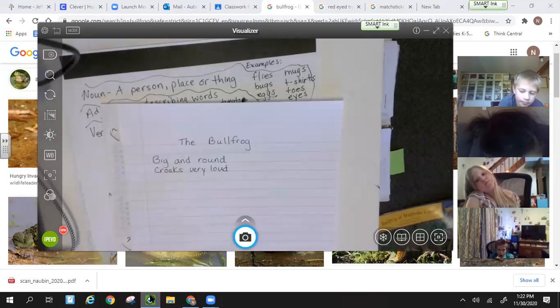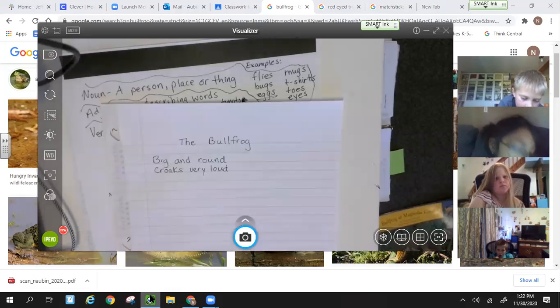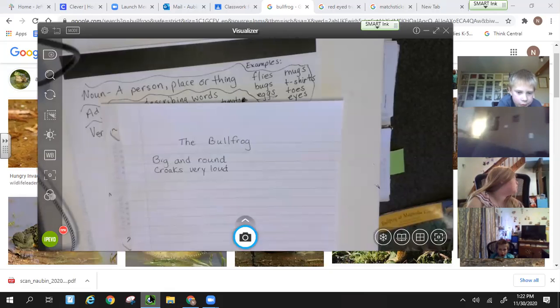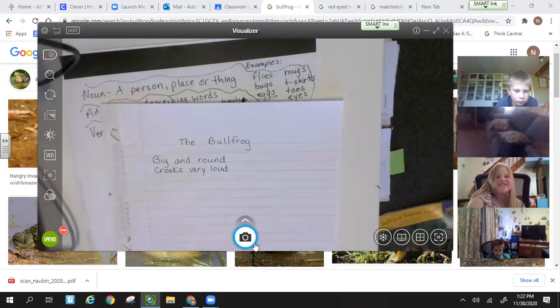Marble. Their eyes look like marbles, don't they? But marble is hard to rhyme with too. Any other ideas? Golden bulgy eyes. I like gold. Gold, and what about bold?